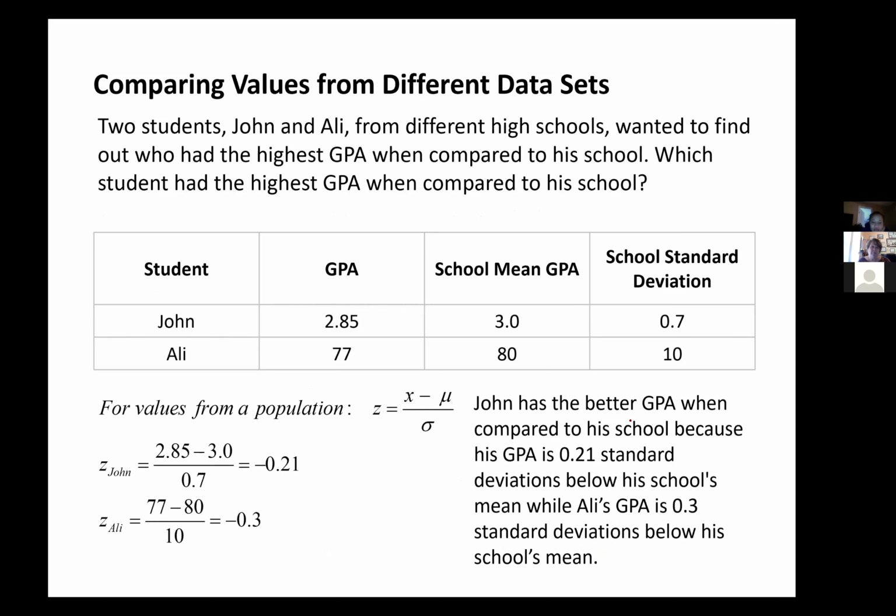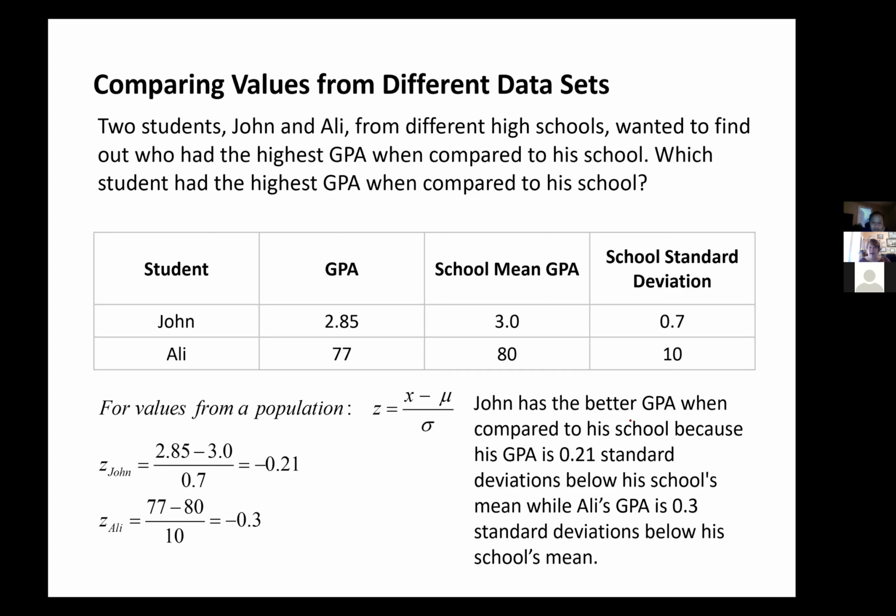The school's mean GPA was 3, and the standard deviation of his school's GPA is 0.7. So the mean is higher, but the standard deviation is lower than the other school who measures GPA differently. They measure GPA based on a, looks like 1 to 100 scale.